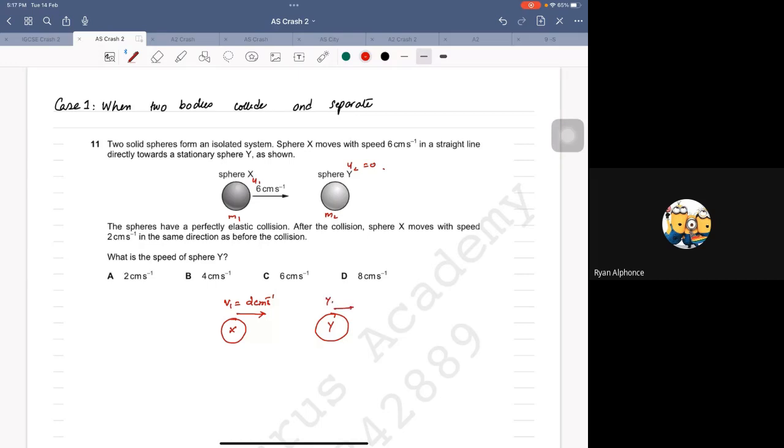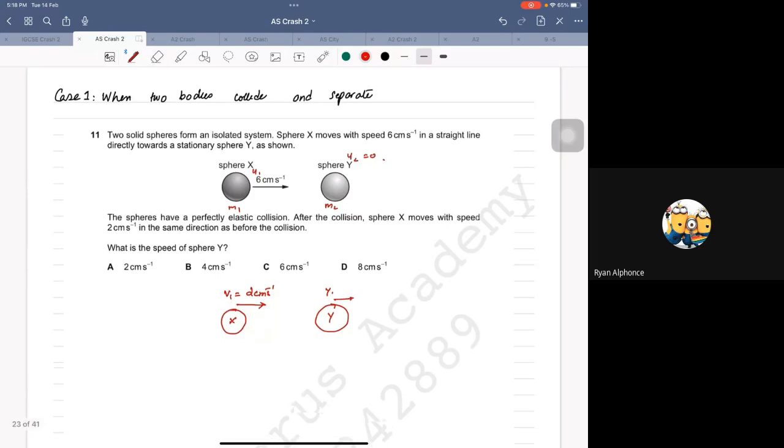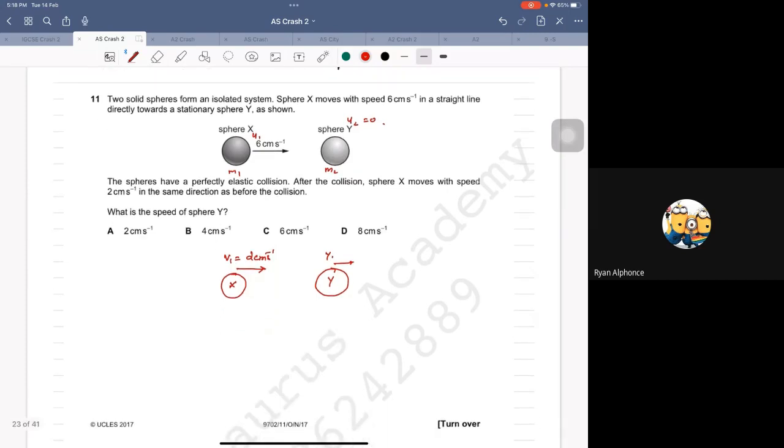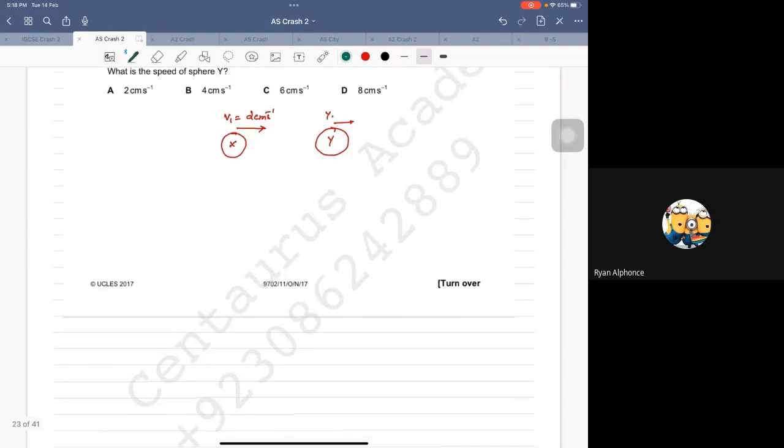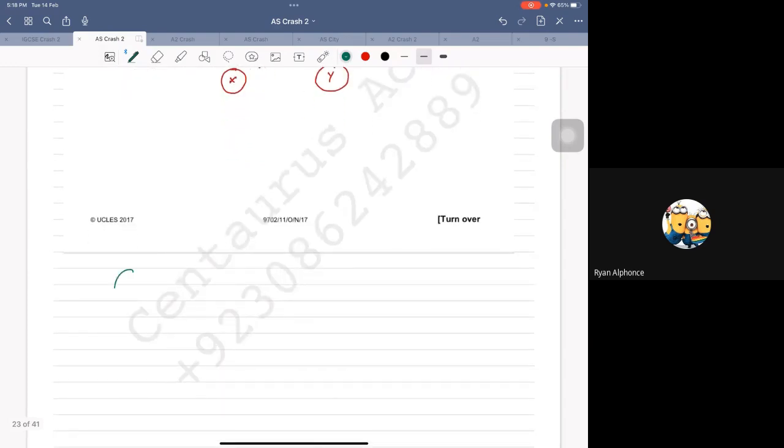Anyway, we could have done it if we had known the masses. I just want to tell you this important fact: in such questions we have a different formula, but right now I'm just assuming a case one because it's not very related.